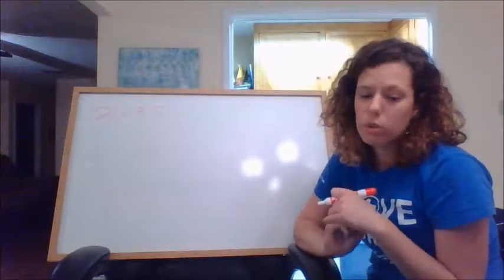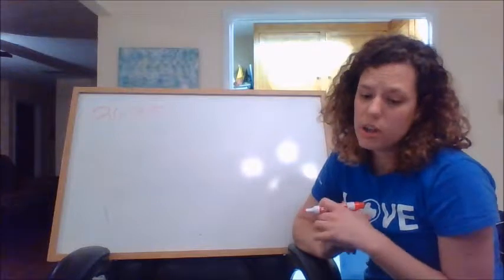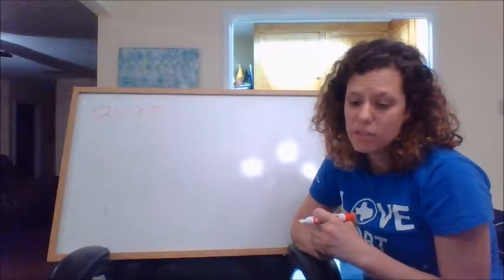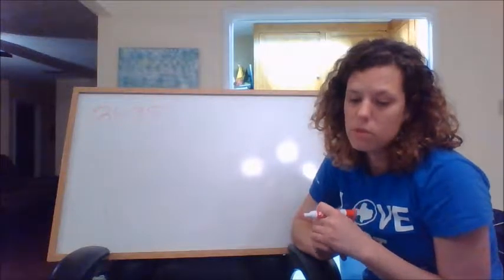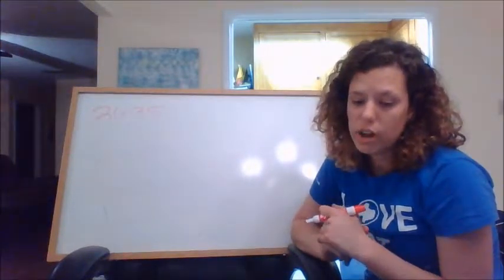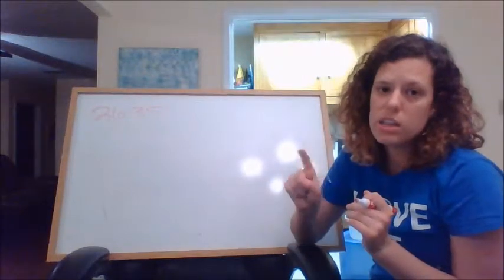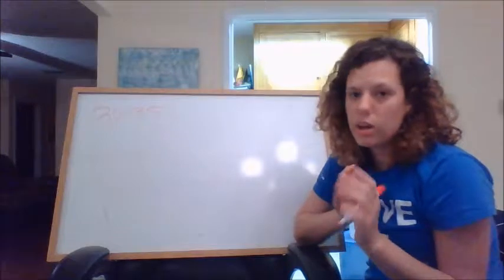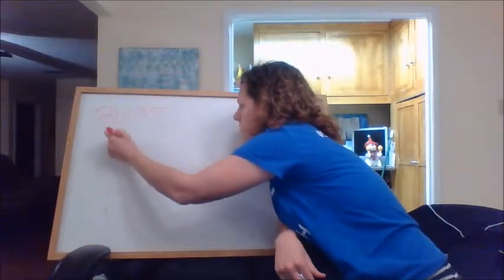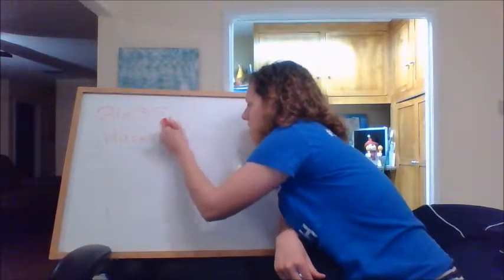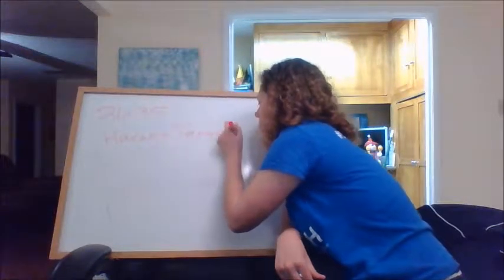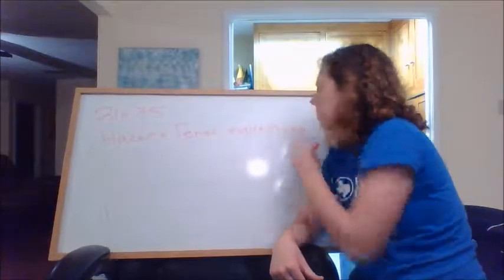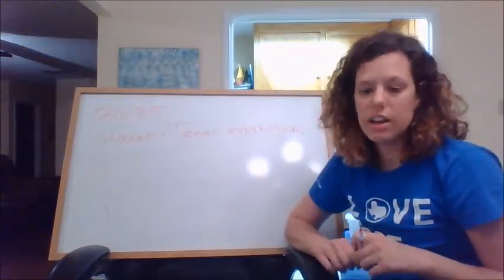Write a C, correcto, if the translation given for the English sentence is correct, and I if the translation given is incorrect. So you're going to write C if it's a correct translation and I if it's an incorrect translation. This is dealing with hacer and tener expressions. Okay? Hacer and tener expressions.